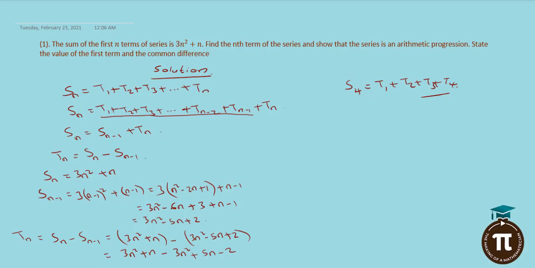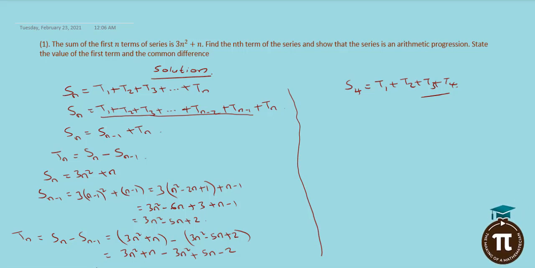So please take note of that. Whenever you are opening the bracket, you have to be sure that you are not making a simple error with the minus. If you don't open the bracket with the minus, you are wrong. So that's what I have.